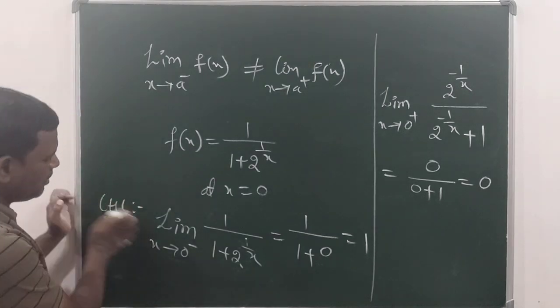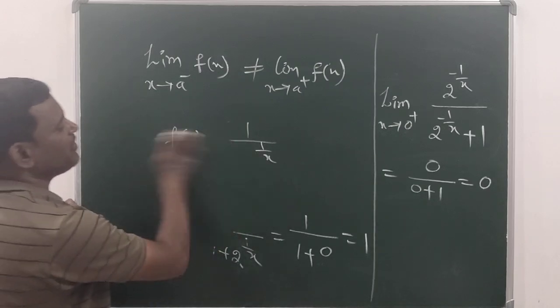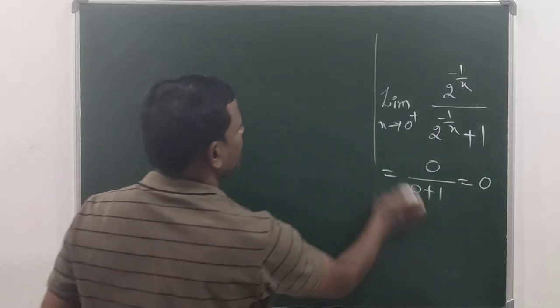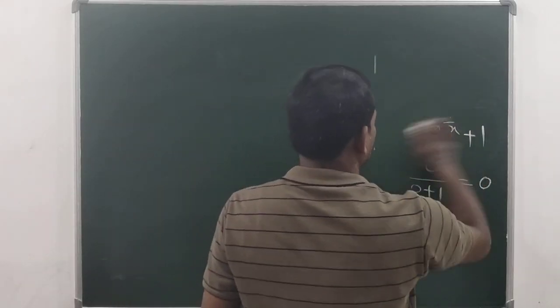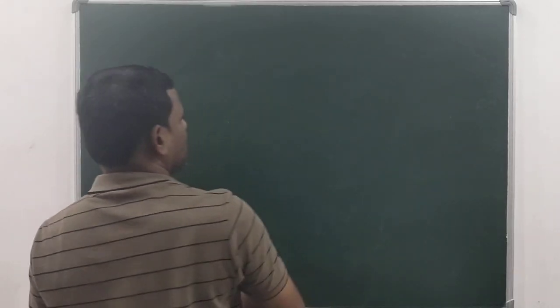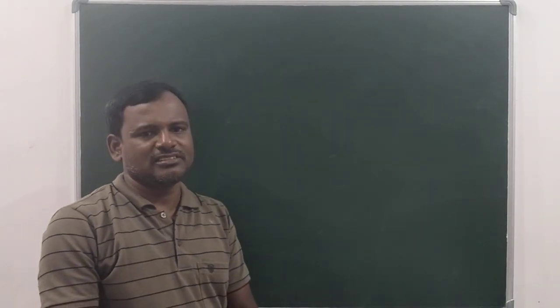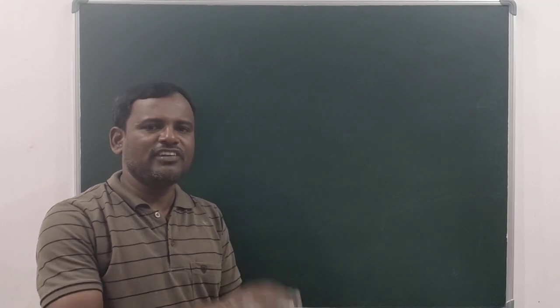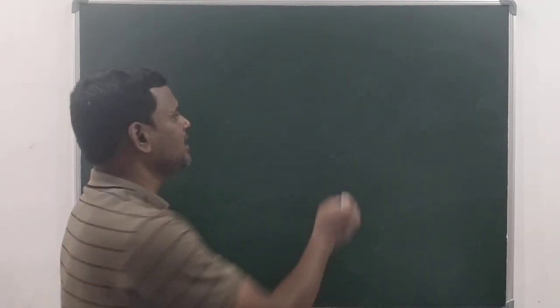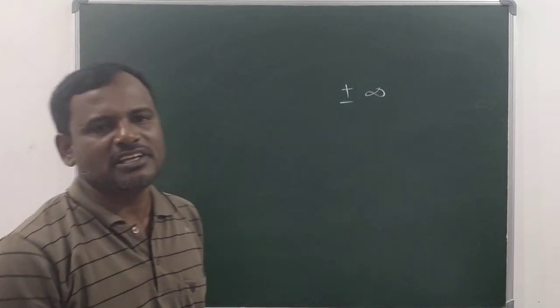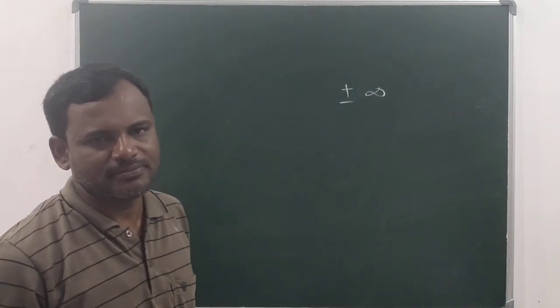Right. Now let us go to the infinite discontinuity. In this infinite discontinuity, at least one of the left and right hand limits attains plus or minus infinity.